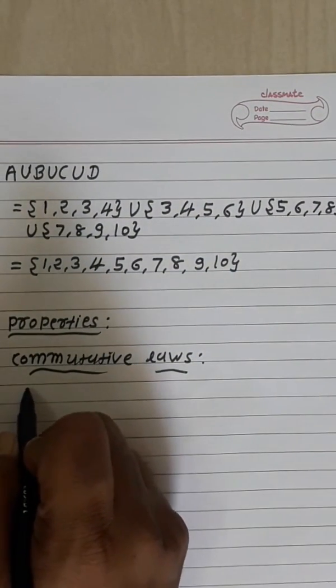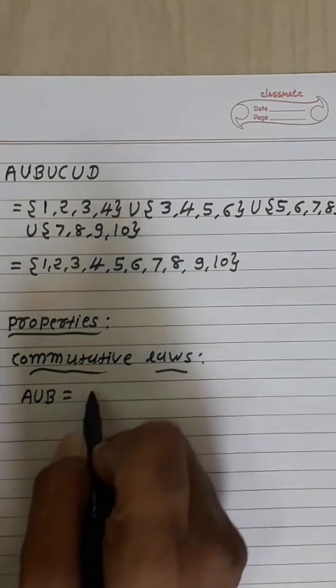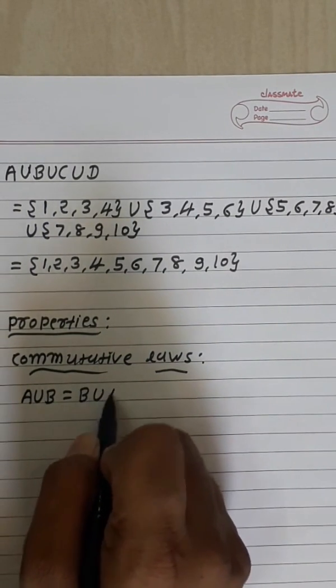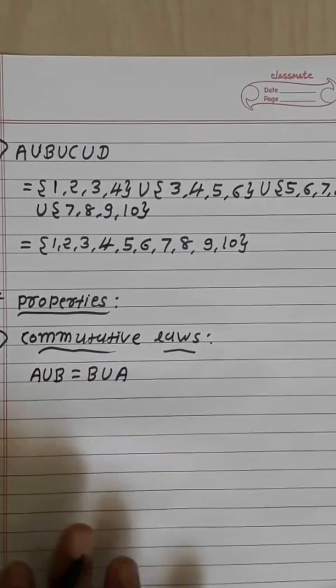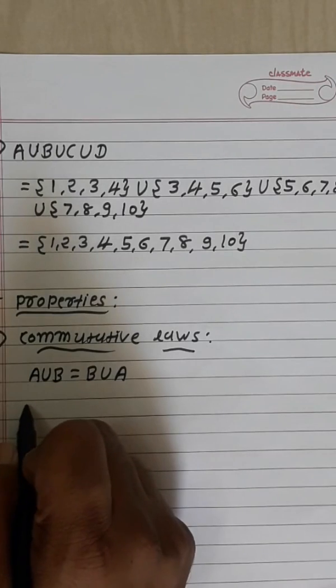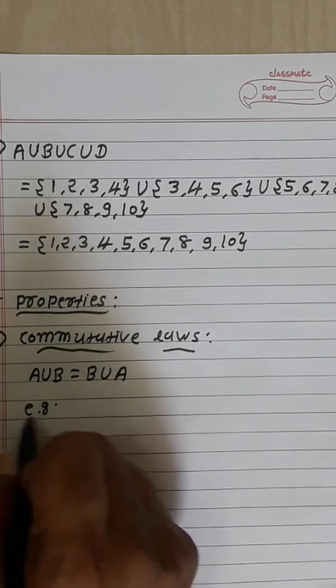In the commutative law, A union B is equal to B union A. Now we can prove the first property, so we can take one example.